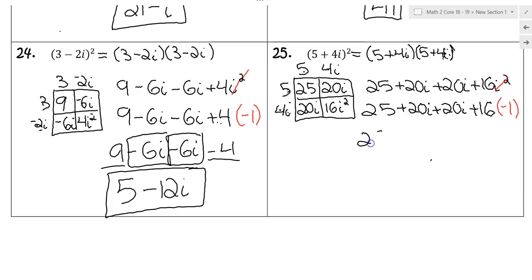So now we have 25 plus 20i plus 20i minus 16, because positive times negative is negative.